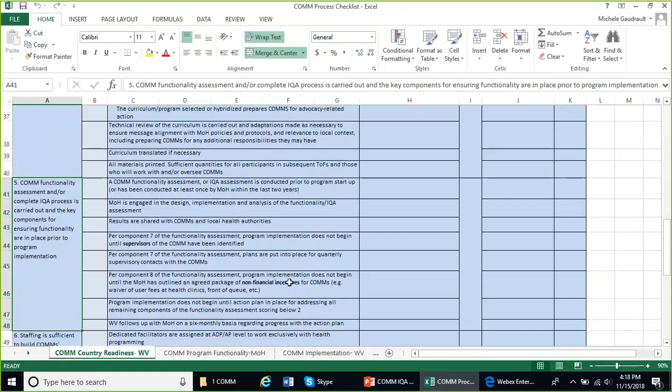What I've done here on this tab is pulled out the ones that are perhaps especially important to try to make sure are in place before implementation goes forward.